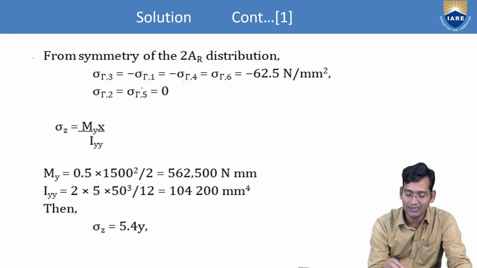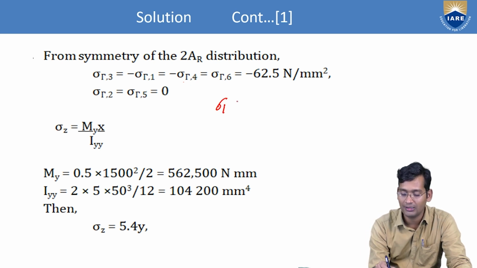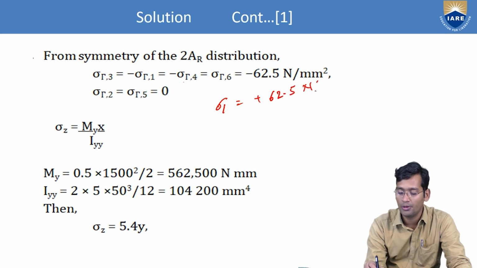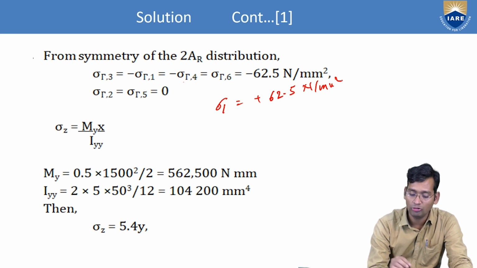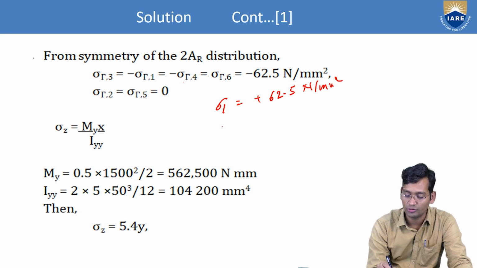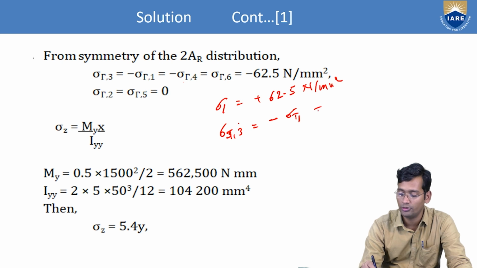So sigma 1 is plus 62.5 Newton per mm square. Sigma tau 3 is minus sigma tau 1, so that is minus 62.5 Newton per mm square.